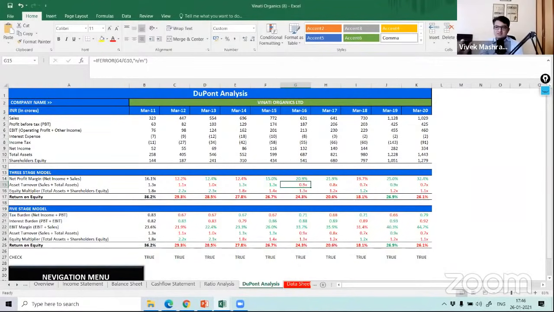So 50,000 is his equity and 10,000 is his return. So the return on equity will be net profit 10,000 divided by the 50,000 rupees of equity he has put in. So what will be the return on equity? It will be 20%.